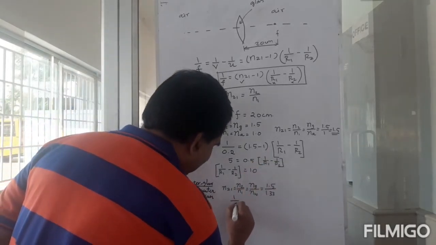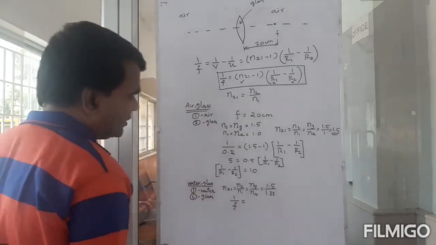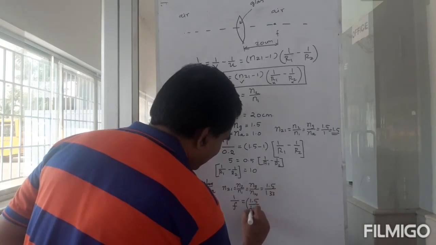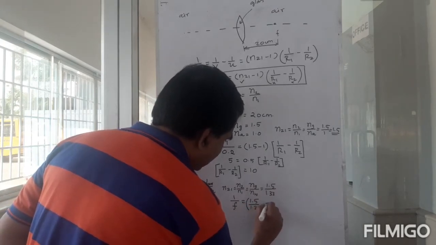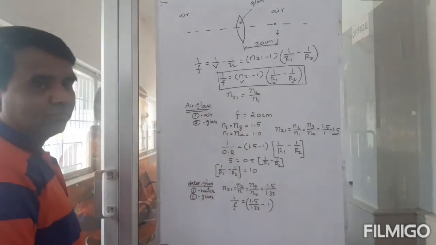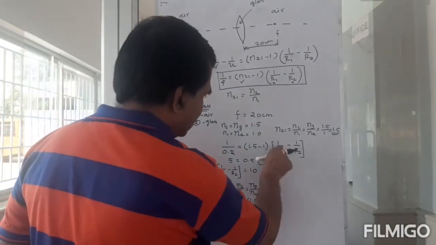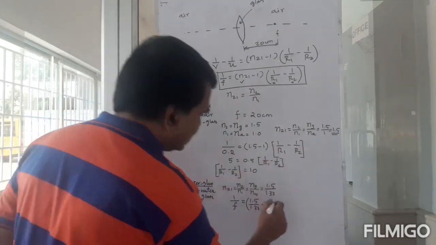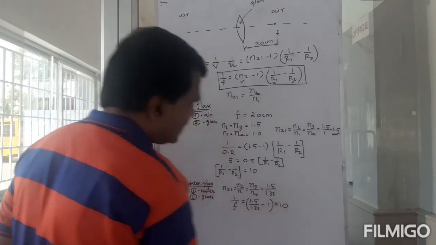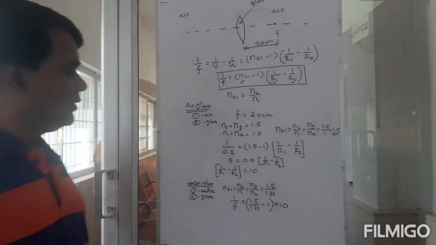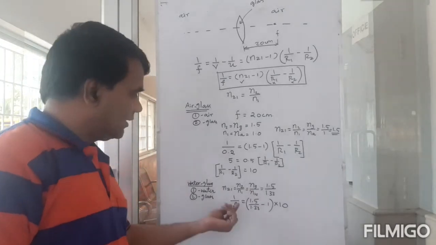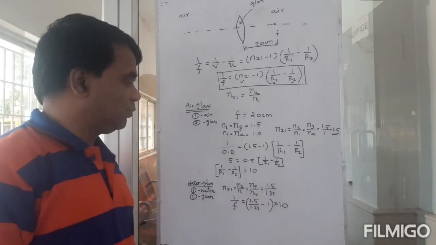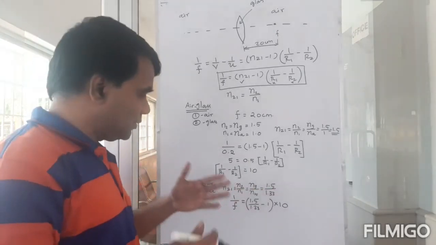So I can make use of this now. 1 by F, which I don't know, is equal to 1.5 by 1.33 minus 1, into 1 by R1 minus 1 by R2, the whole thing of which can be written as 10, very simply. So now I have everything, correct? 1.5 minus 1.33 will give me 0.17.